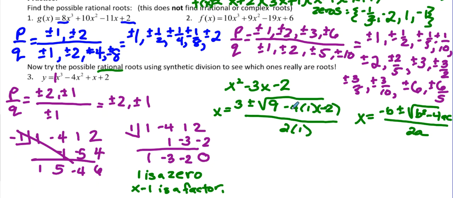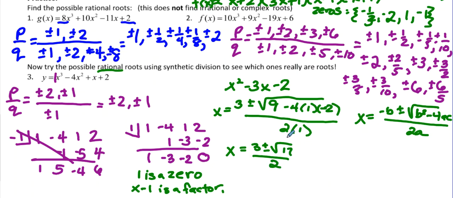Okay, so this is going to give me +8 because of the -4 times the -2, so I have 9 plus 8, which is 17. So I get x is equal to 3 plus or minus root 17 over 2.